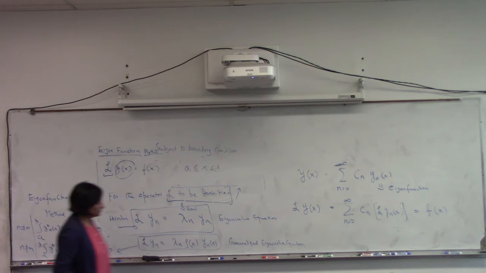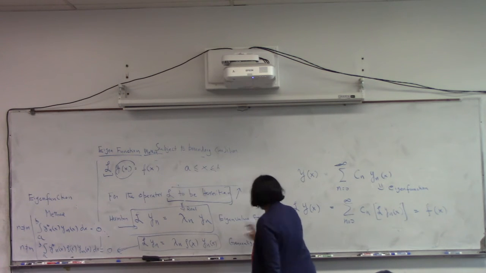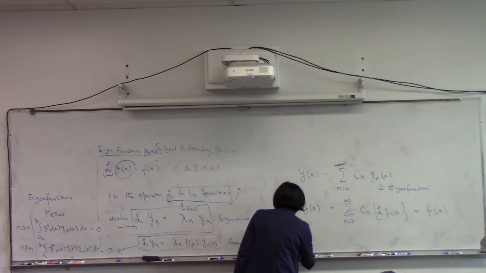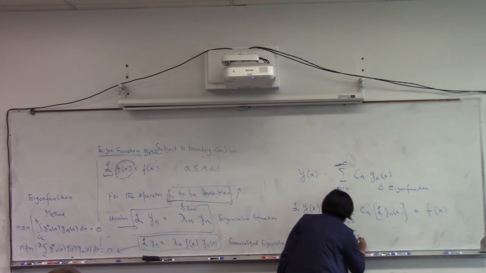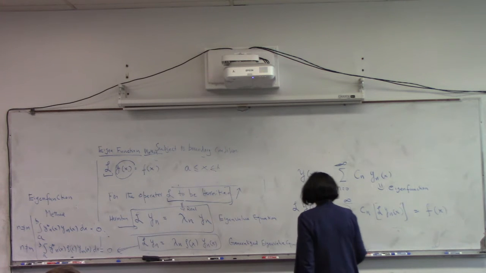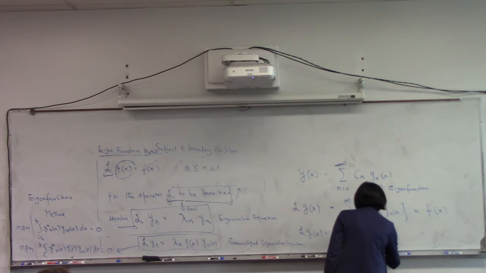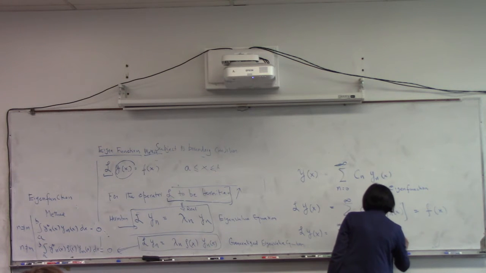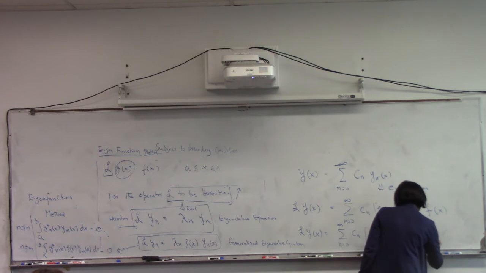All right, so let's just start. I'm going to write it generally at this point. L operating on y(x) is nothing but the summation, n going from 0 to infinity, of c_n, and this is nothing but lambda_n rho of x y_n(x), equal to f(x).